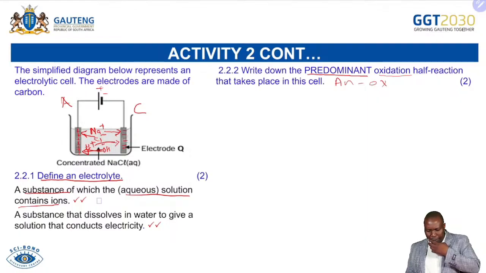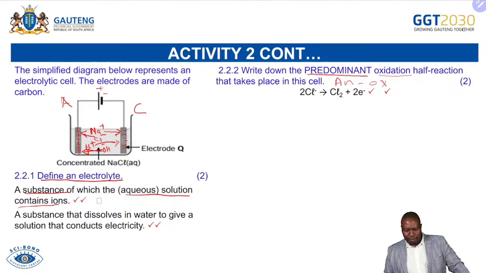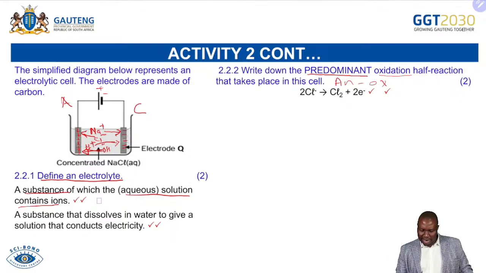And then when they say predominant, we know that always when we have Cl minus under electrolysis, chlorine gas will always be formed at the anode. Definitely at the anode, there must be 2Cl minus. When the Cl minus moves this side, it loses electrons, and then it leaves as a gas.